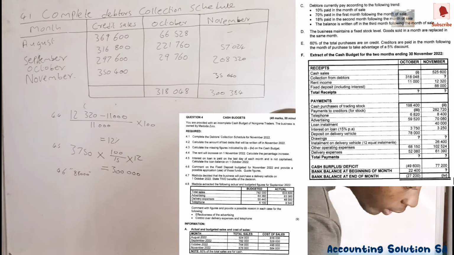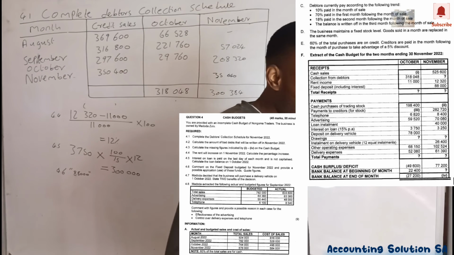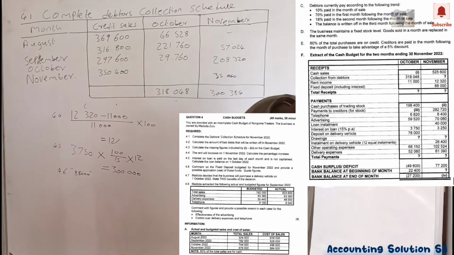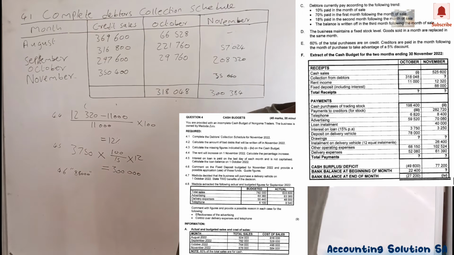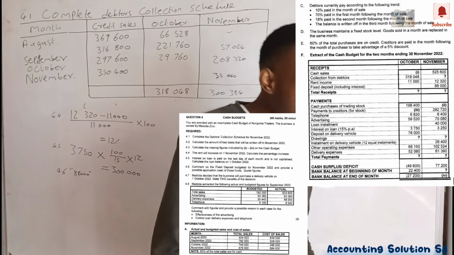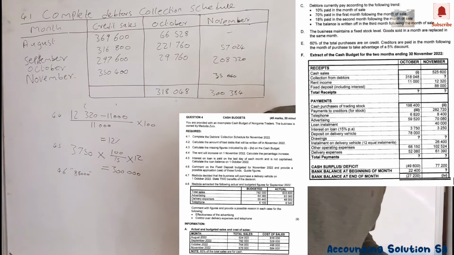Then 4.7. Madoda decided that the business will purchase a delivery vehicle on 1 October 2022. State the benefit of this decision. If you purchase a delivery vehicle, which benefit is the business going to gain?